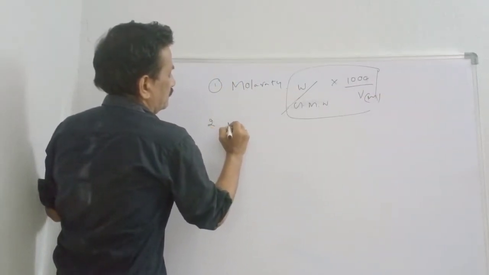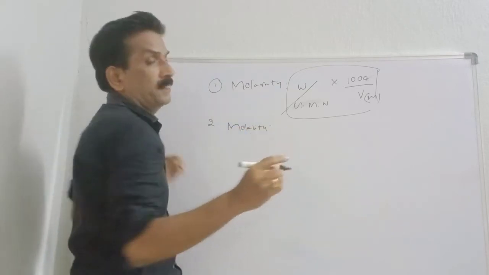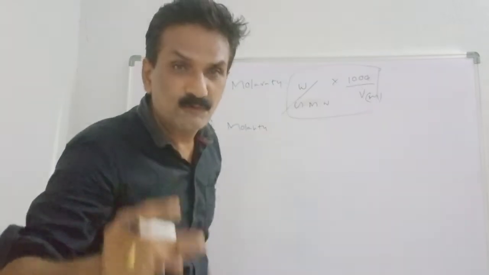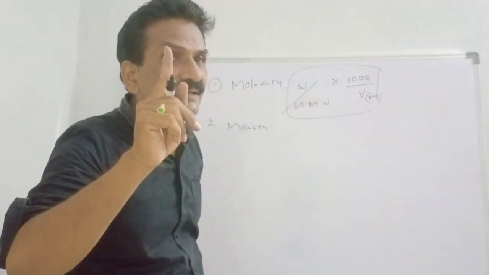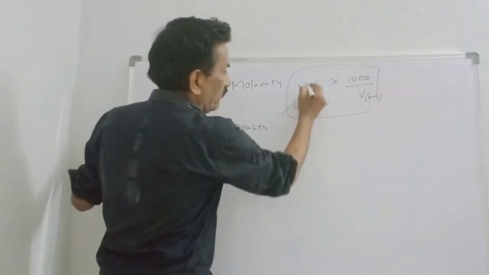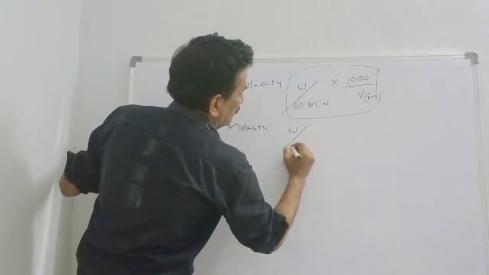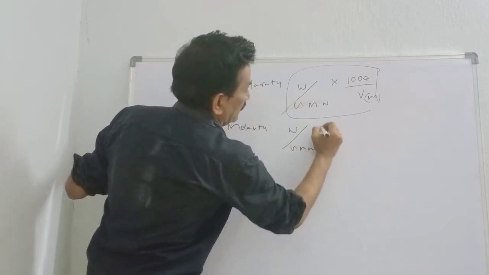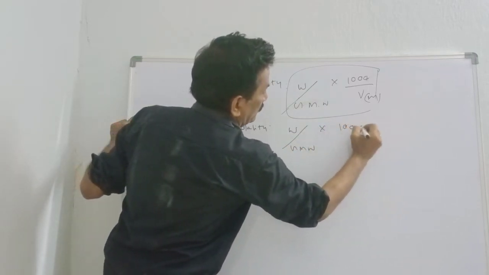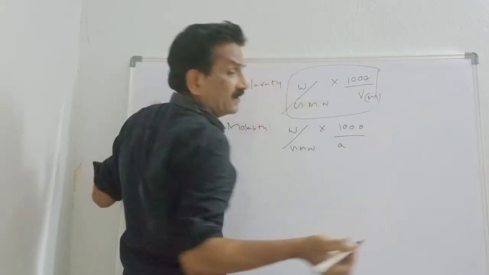Molality: the number of moles of solute present in 1 kg of the solvent. So number of moles, this is the same, weight of the substance by gram molecular weight into 1000 by A. What is A?